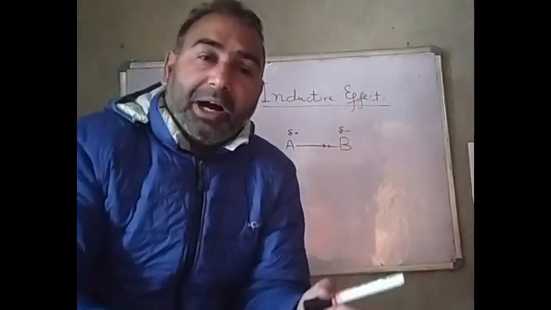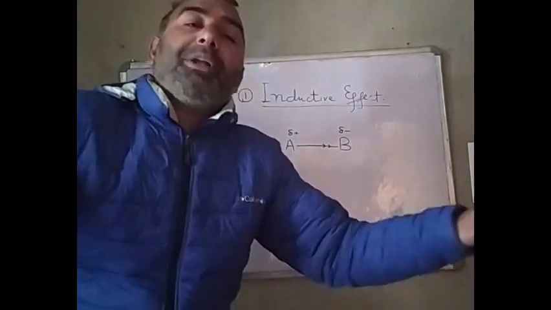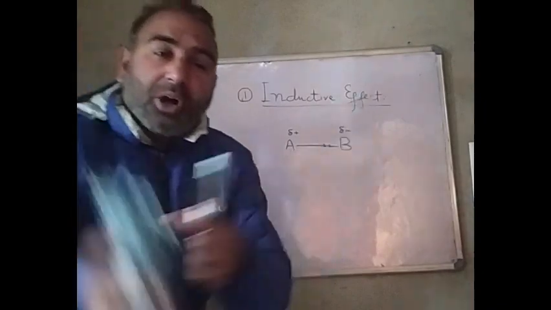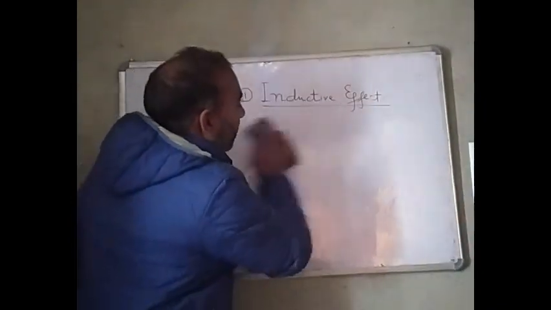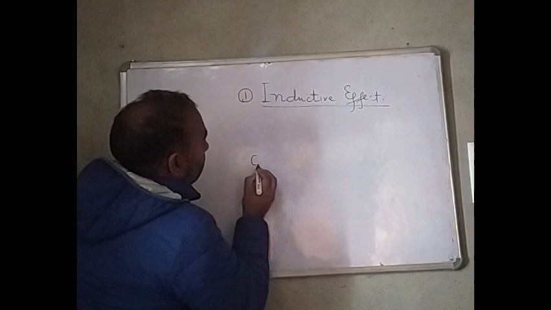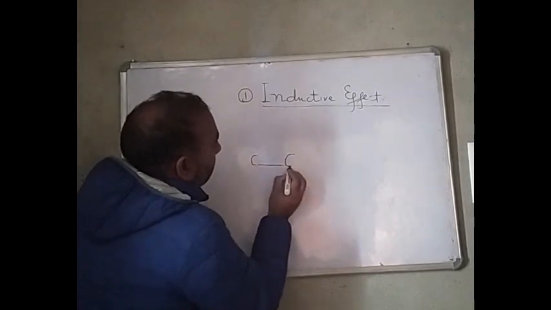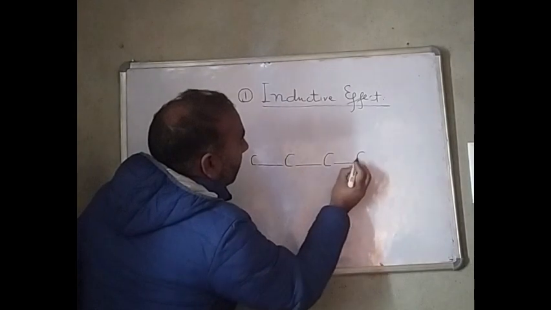In organic compounds, electron displacement takes place along the carbon chain. For example, suppose we have a carbon chain: carbon, carbon, carbon.